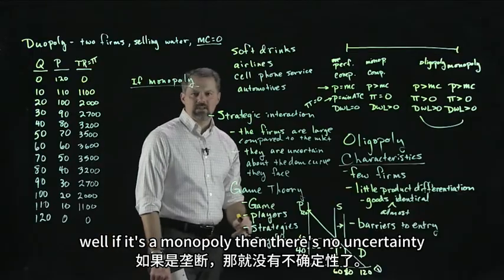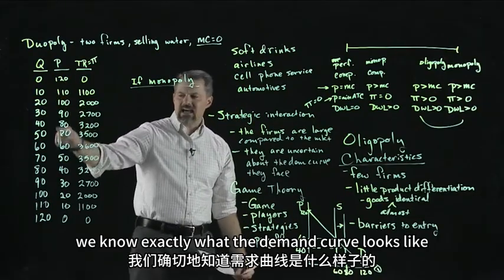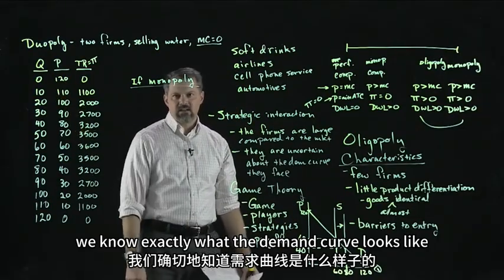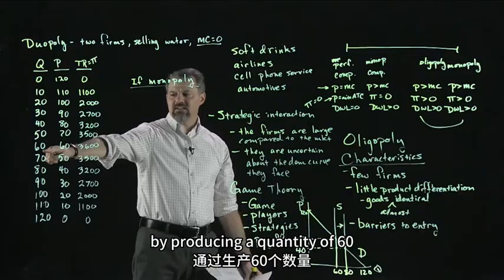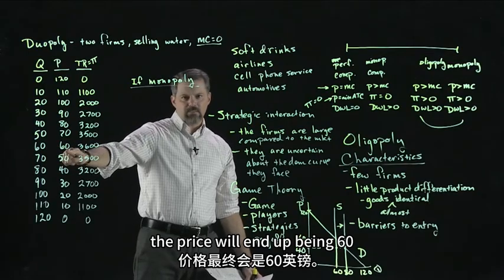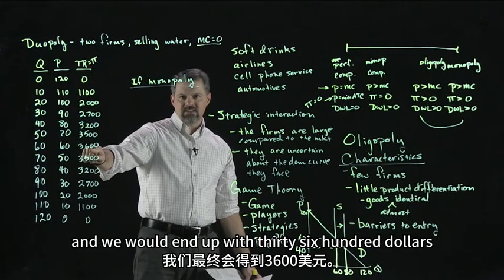Well, if it's a monopoly, then there's no uncertainty. We know exactly what the demand curve looks like, and we would maximize profit by producing a quantity of 60. The price will end up being 60, and we would end up with $3,600.